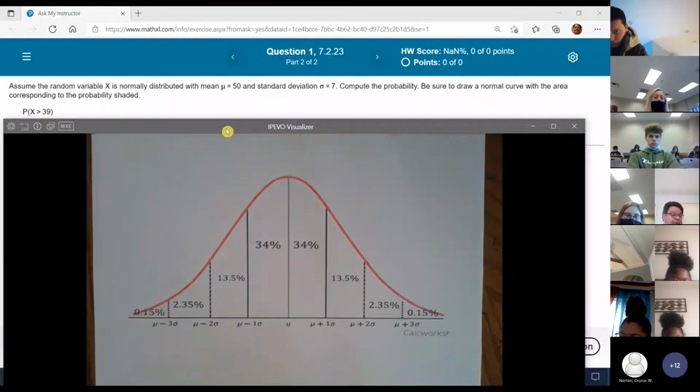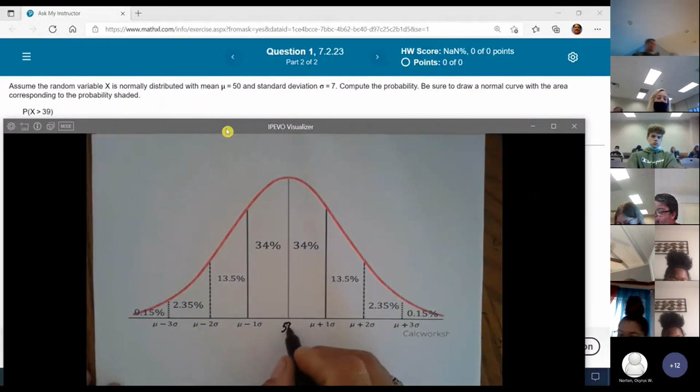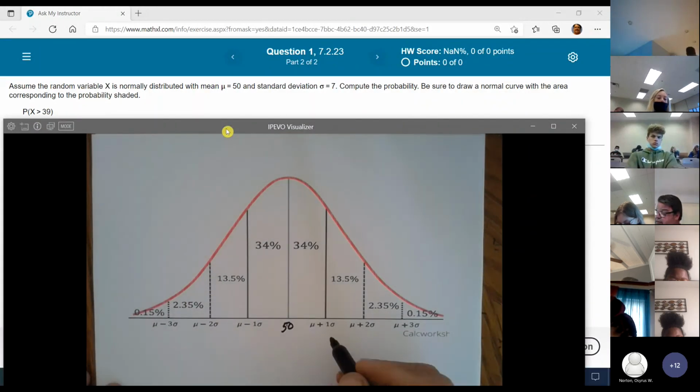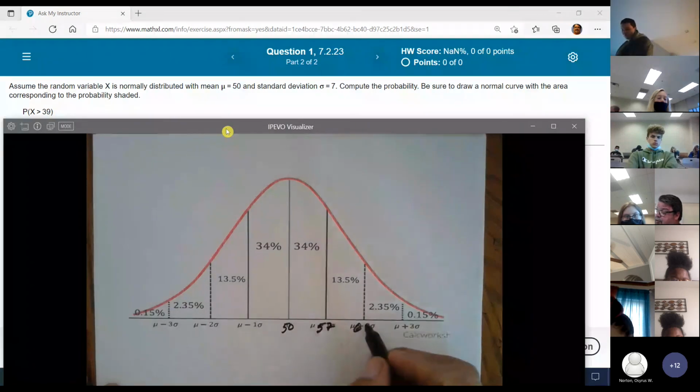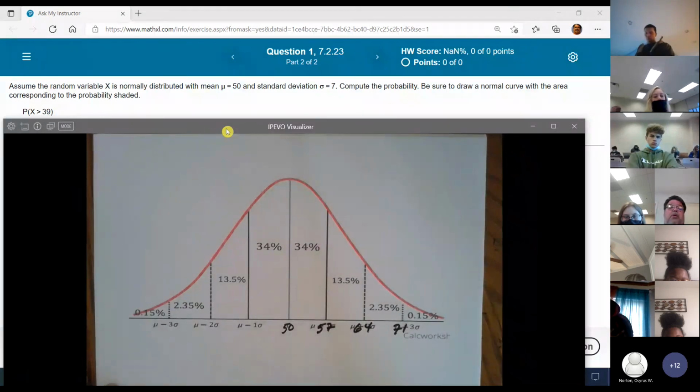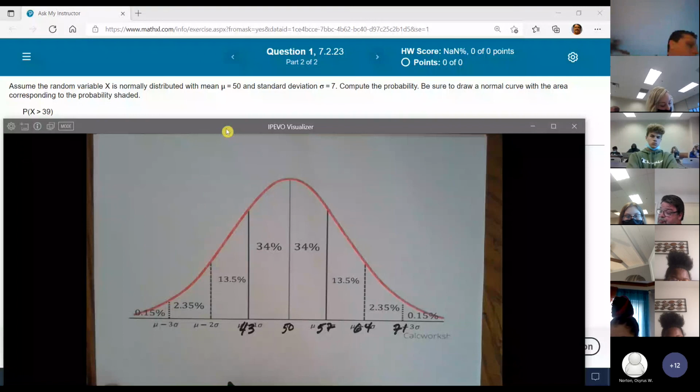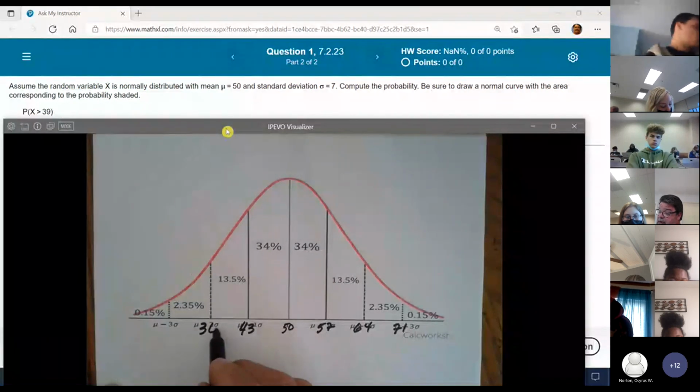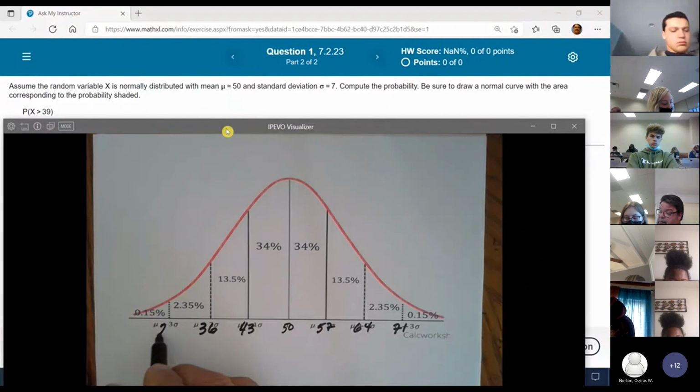So we've got to put in the different mean. 50, and that's going to be 57, 64, 71. And going backwards, 43, 36, and 29.